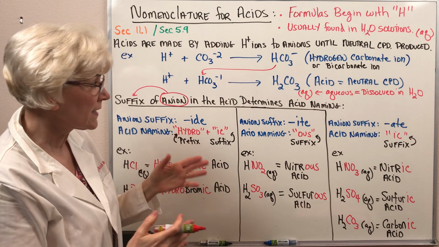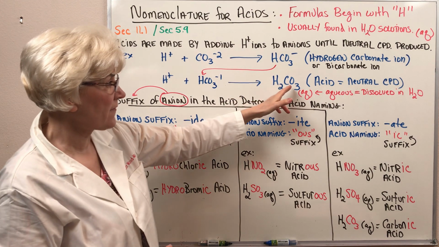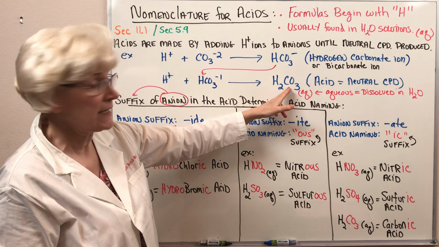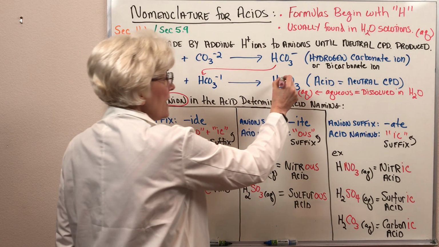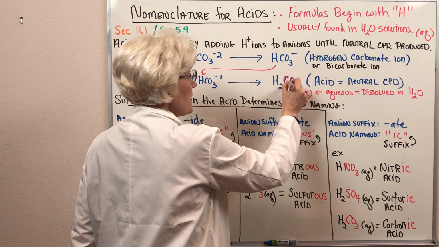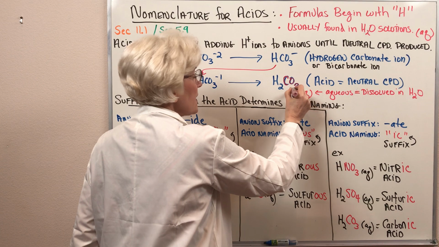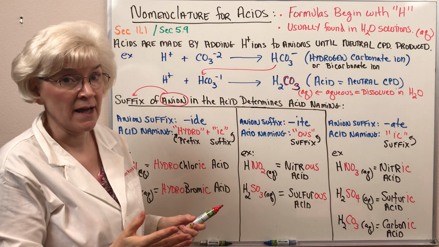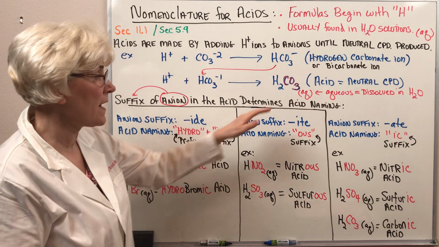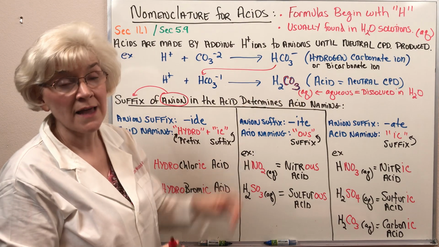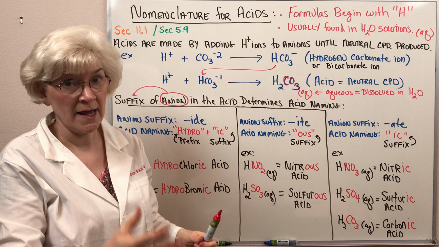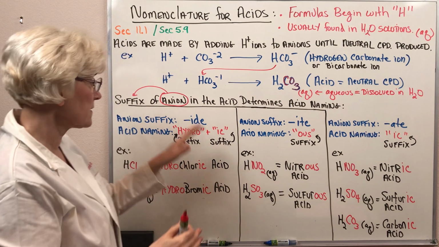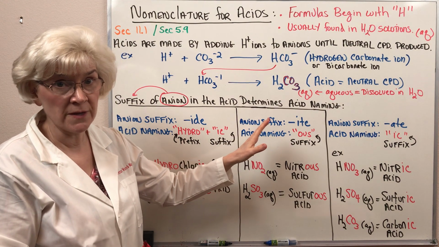So you have to look at an acid, identify the anion in it. In this instance, the anion that is present in this acid is the carbonate anion. So how would we name this acid that contains the carbonate anion? Well, let's take a look at the system developed to do that.